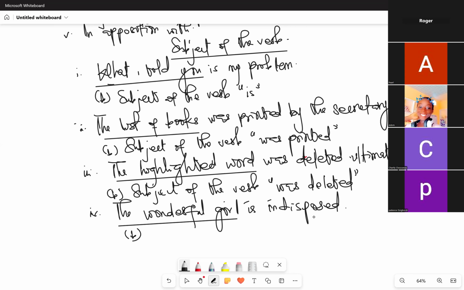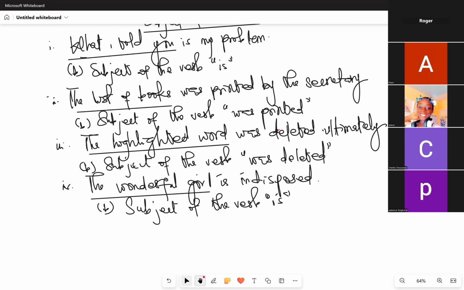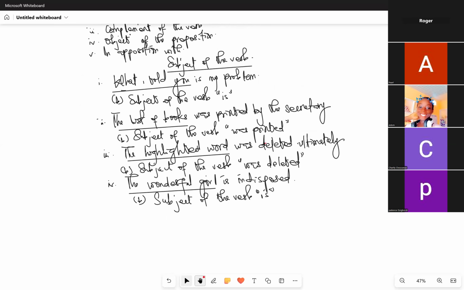Because indisposed means sick, if someone is sick, it doesn't mean that it's a noun. It's a verb. Okay. So subject of the verb is, in inverted commas. I said just write it the way it is. Don't try to add more sentences.